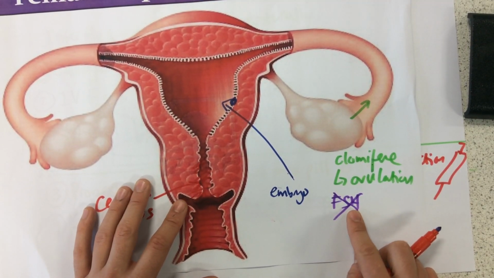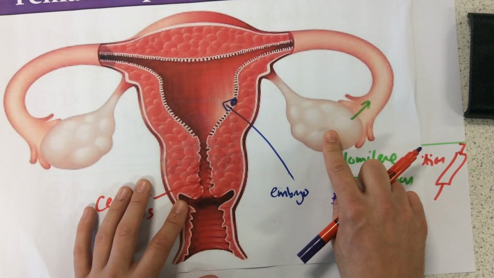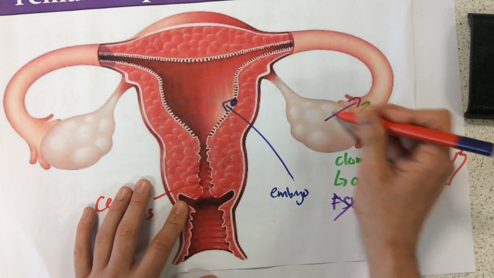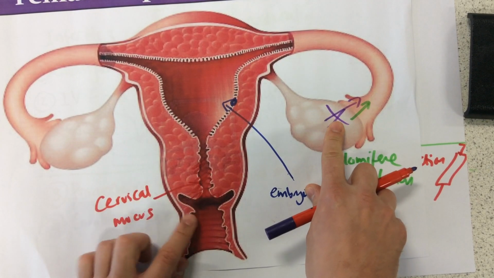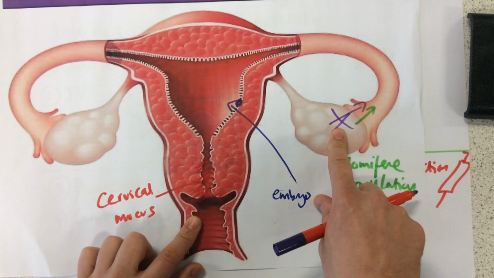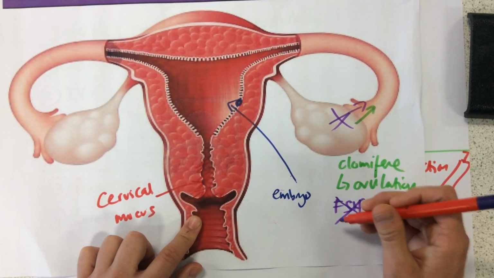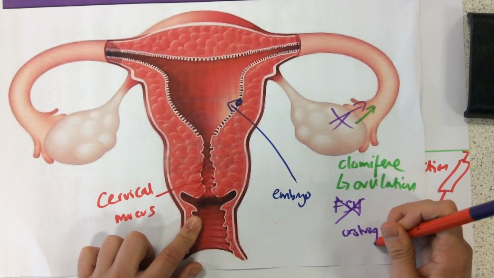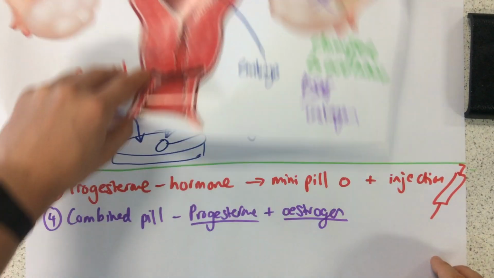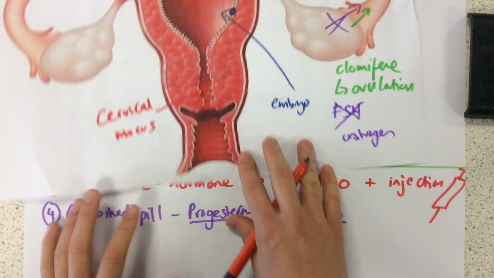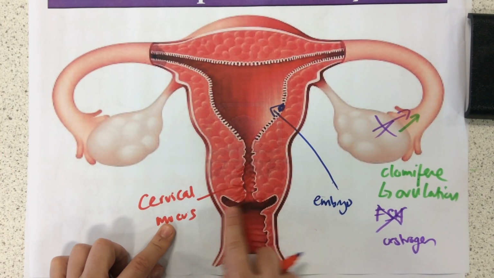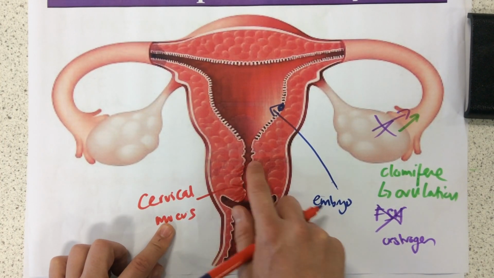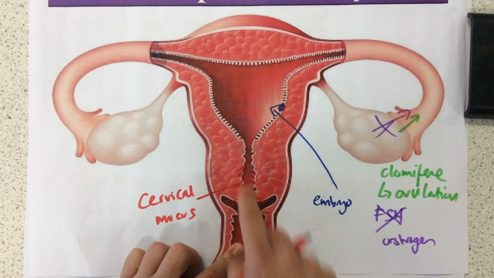This means that eggs do not mature, and therefore these eggs are not released from the ovaries. That's the action of estrogen. But remember, it's combined, which means it also contains progesterone, so it also produces this thick cervical mucus that the sperm cannot get through.